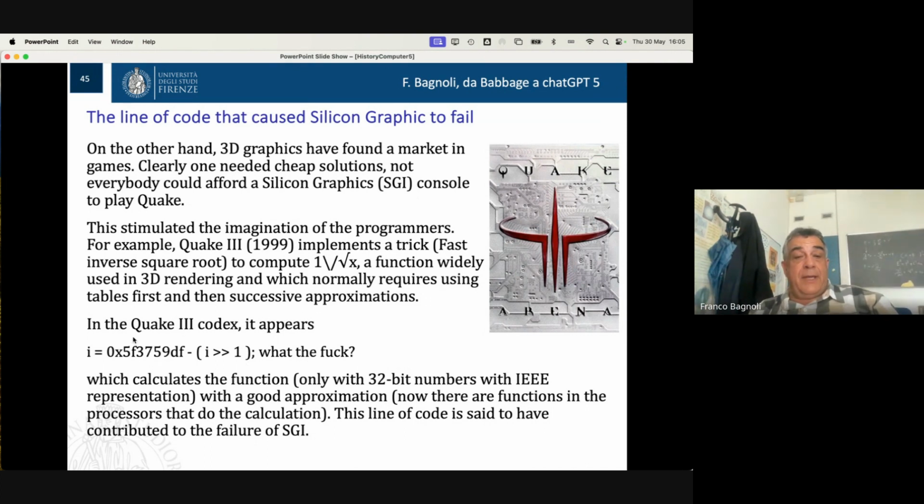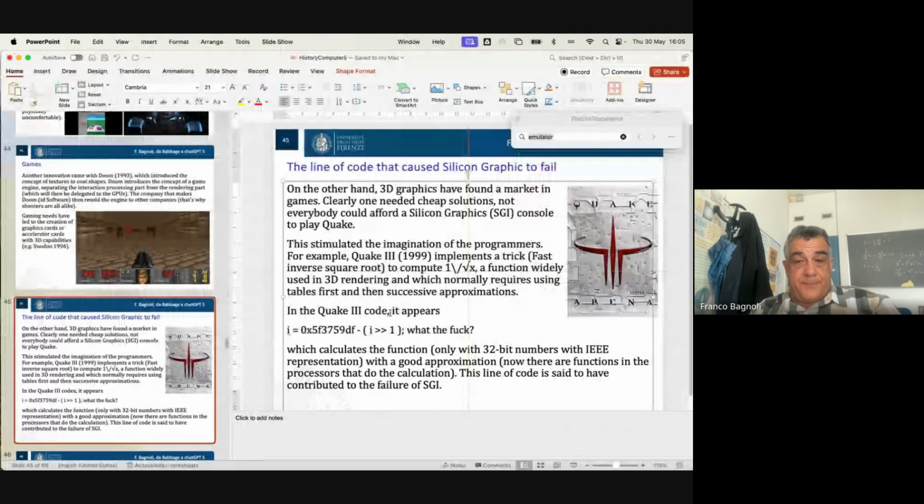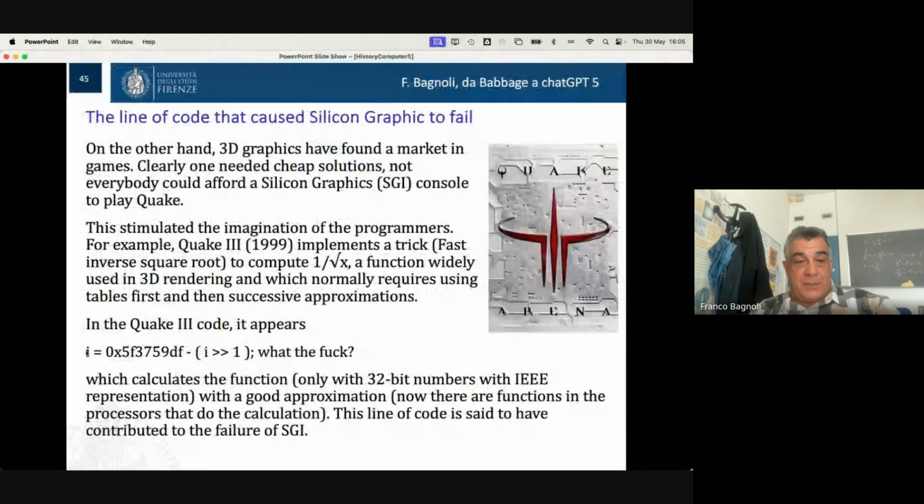Then in the Quake 3 code, which is full of errors, there is a line which is exactly this one. You take a number, you shift it by 1, you subtract it from some funny constant, and this approximates quite well the inverse square root of x.